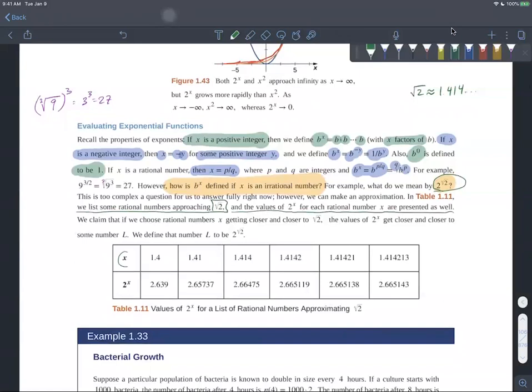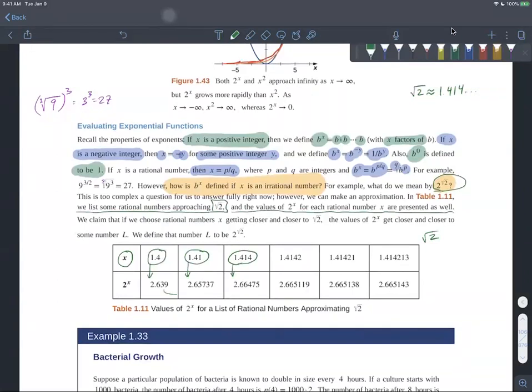So we let x be the value 1.4, and then we find 2 raised to the 1.4. And x is going to approach the square root of 2. So then the next approximation would be, what if x is 1.41? Then we find 2 raised to the 1.41, and then 2 raised to the 1.414.